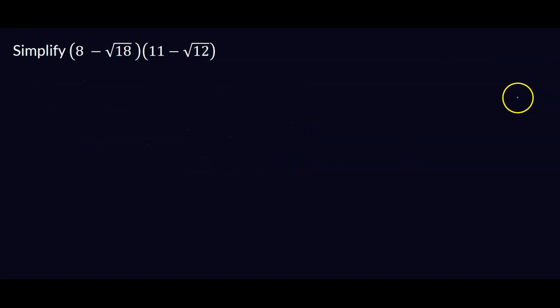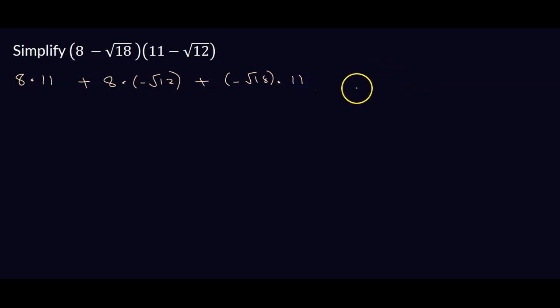And then we now have another example. First terms, we have 8 multiplied by 11, plus our outer terms are 8 multiplied by negative square root of 12. And then our inner terms are plus negative square root of 18 multiplied by 11. And our last terms are plus negative square root of 18 multiplied by negative square root of 12.